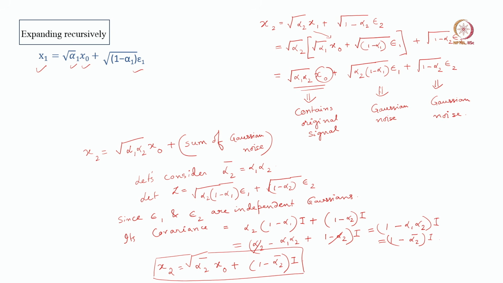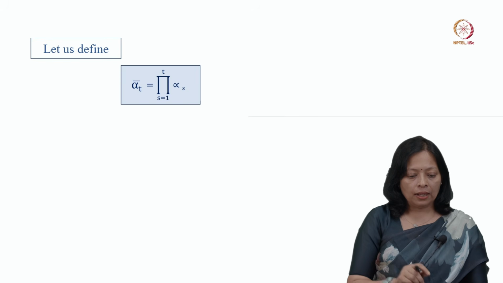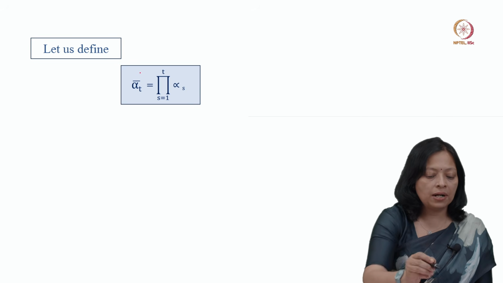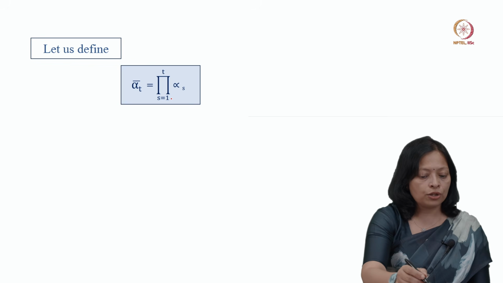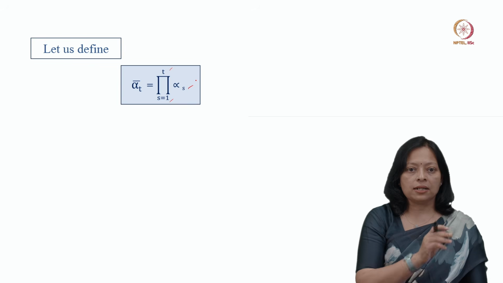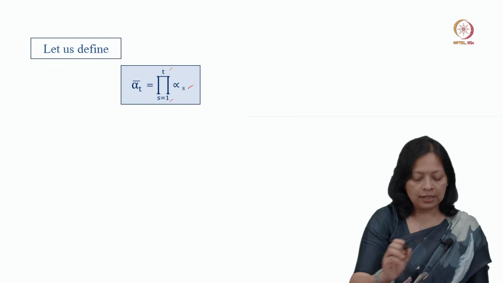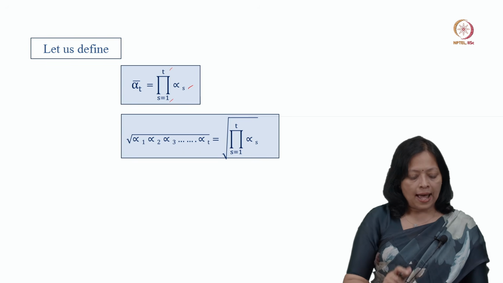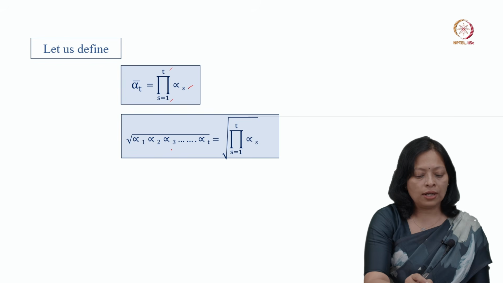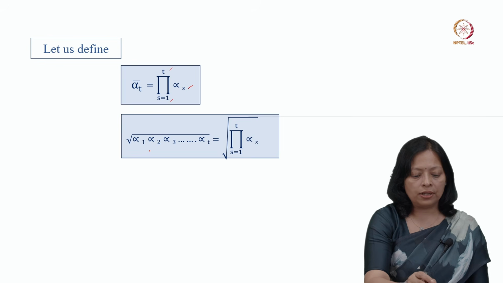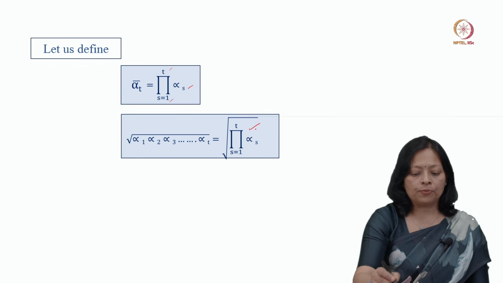Now, the same thing I have generalized here. So, alpha t bar equals the product of alpha s for s equal to 1 to t. That alpha 2 bar I have generalized and written like this, alpha t bar. Therefore, alpha 1 into alpha 2 into alpha 3 up to alpha t, and its square root, can be written as the square root of this product term.